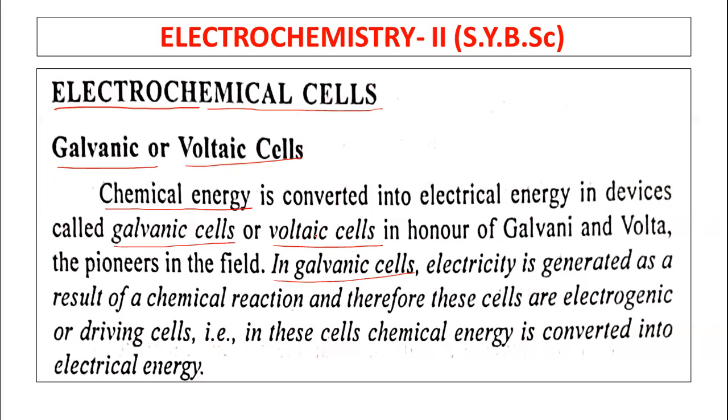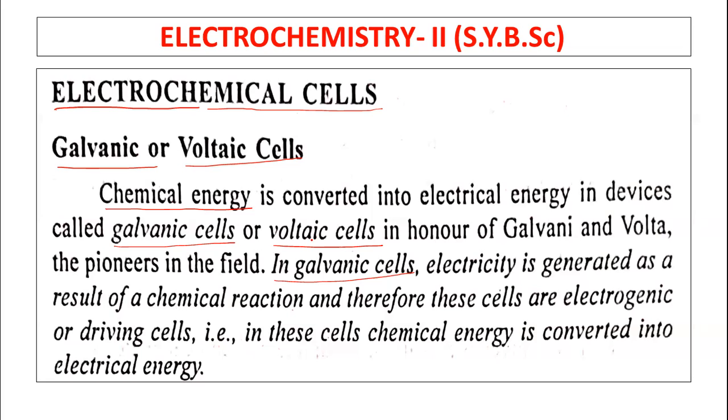What is electrochemistry? Electrochemistry is nothing but the interconversion of chemical energy into electrical energy and vice versa. So the devices in which chemical energy is converted into electrical energy are called electrochemical cells or galvanic cells.